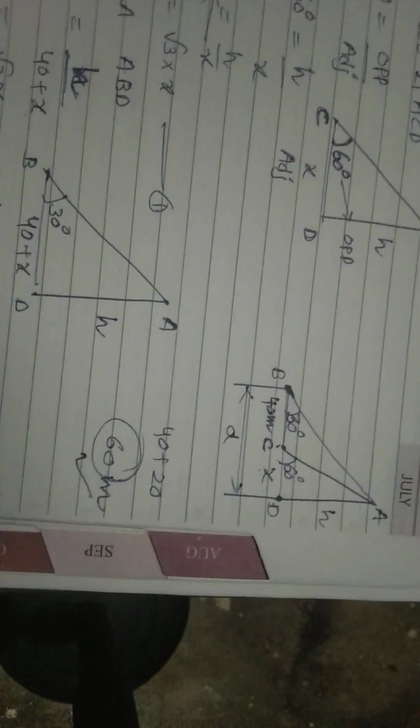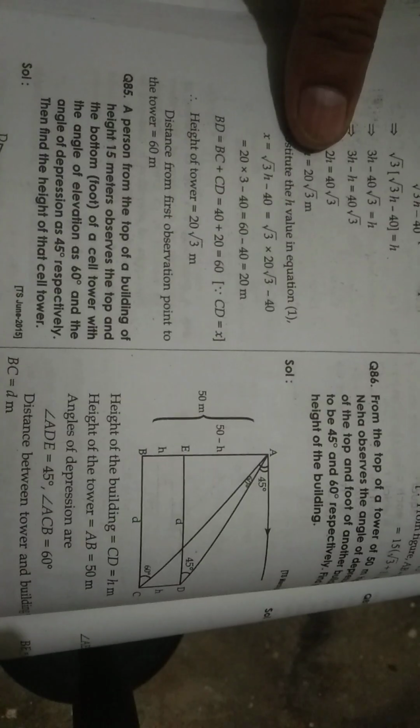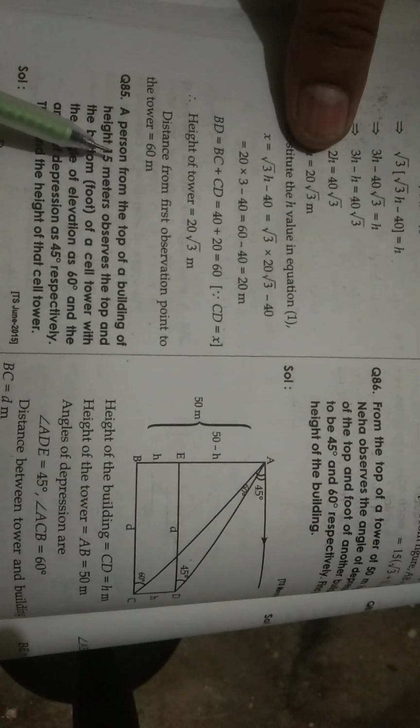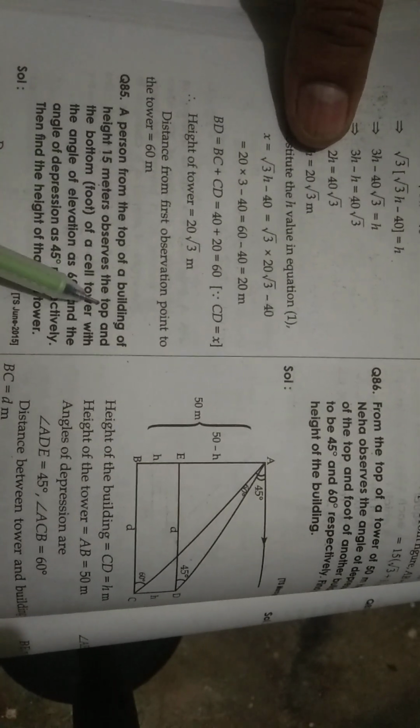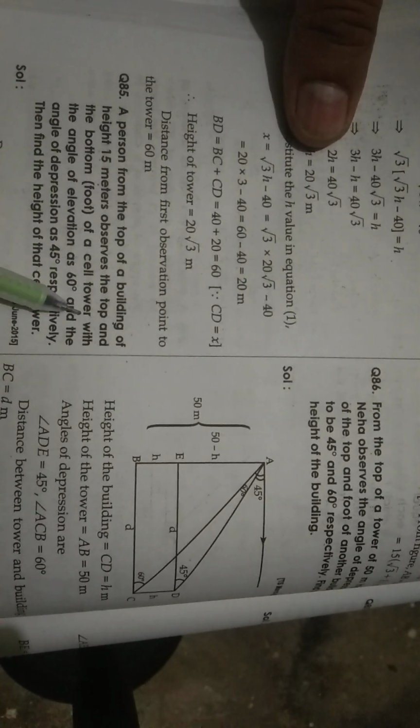Okay children, I hope you understood the first question, right? Now coming to the second question. A person from the top of a building of height 15 meters observes the top and bottom of a cell tower with an angle of elevation of 60 degrees and an angle of depression of 45 degrees respectively.